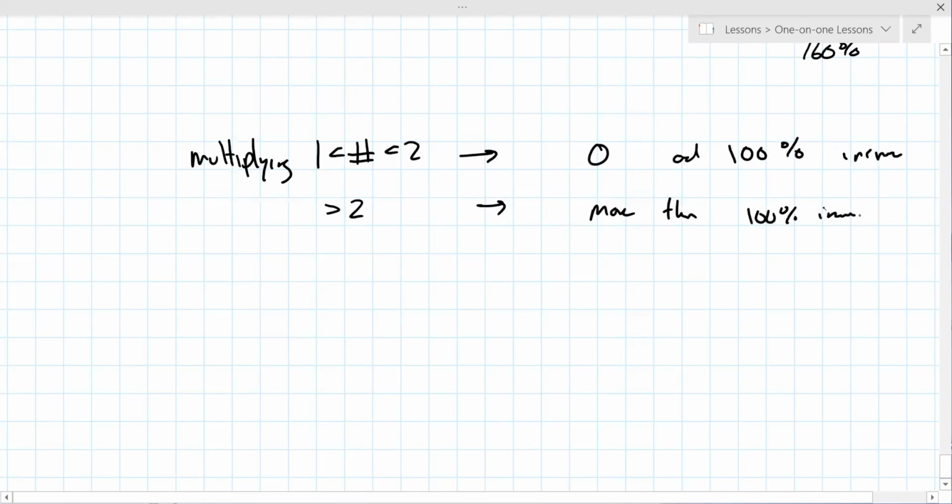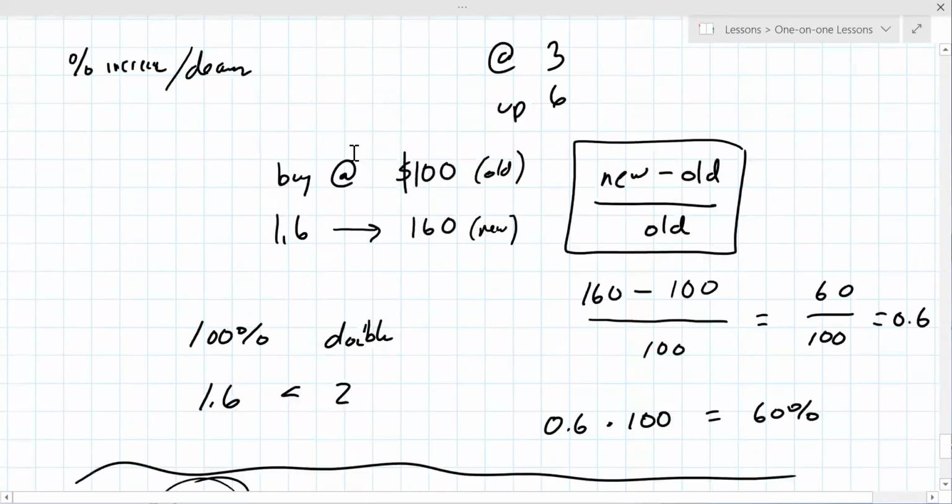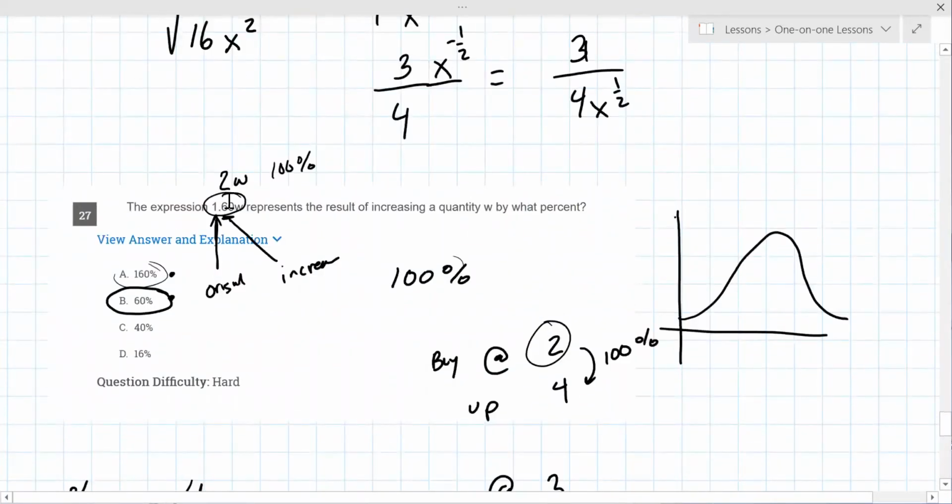Okay. So for the answer choices they gave us, since it was 1.6, it can't be 160 because that's greater than 100. So it'd have to be 60. It's between 0 and 100%. And the reason it's not 40 and 16 is because those aren't the right numbers. Okay, that makes more sense.